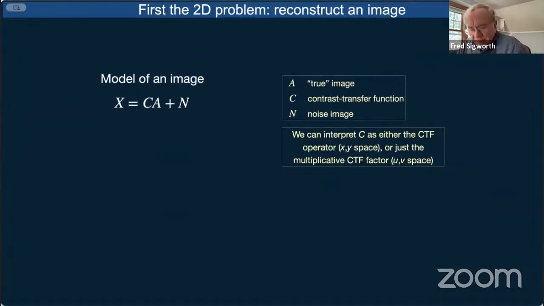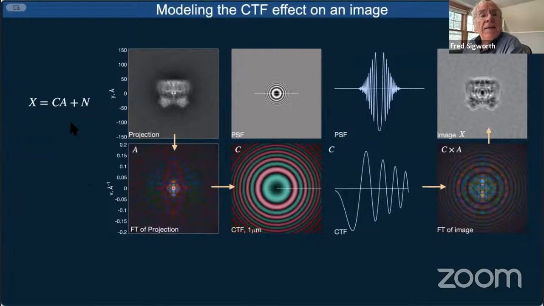So to think about how we're going to do reconstruction, I want to start with a 2D problem, which is to reconstruct just a 2D image from a bunch of noisy copies. So we know how this is going to work.